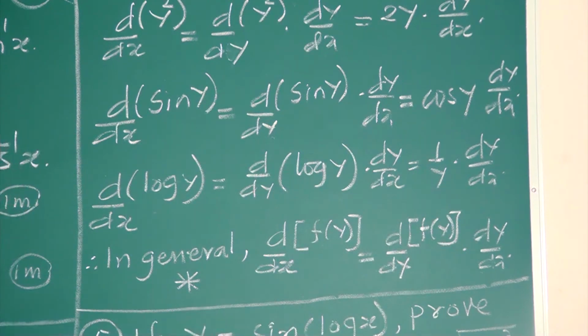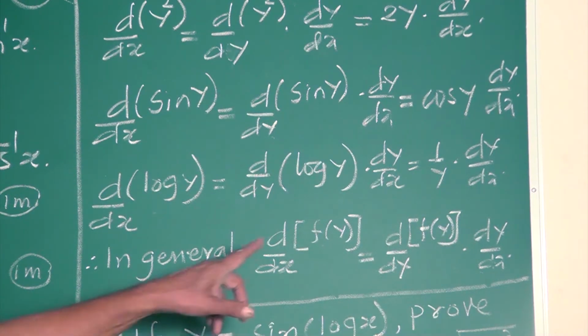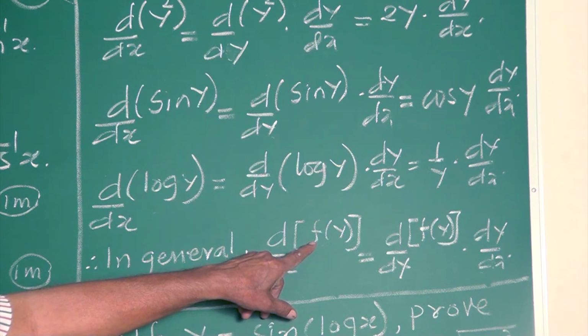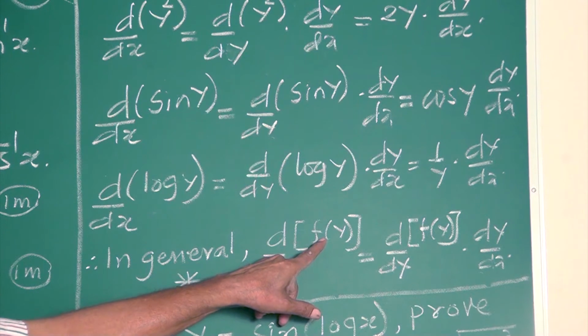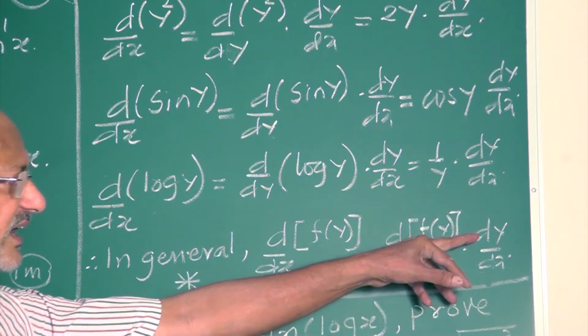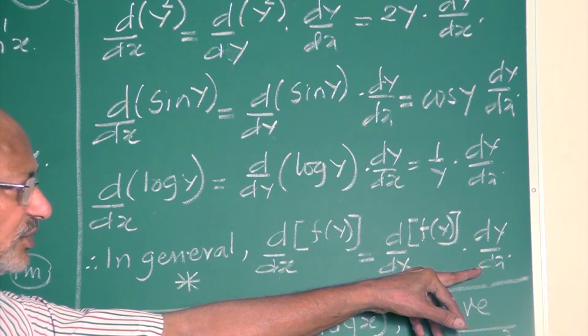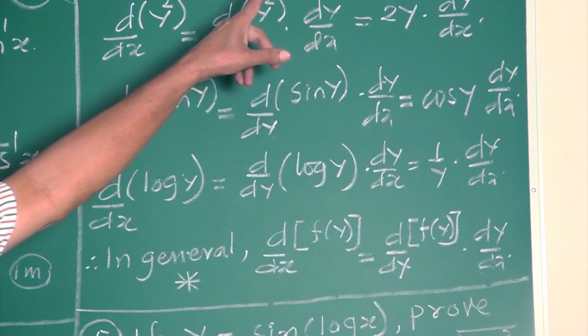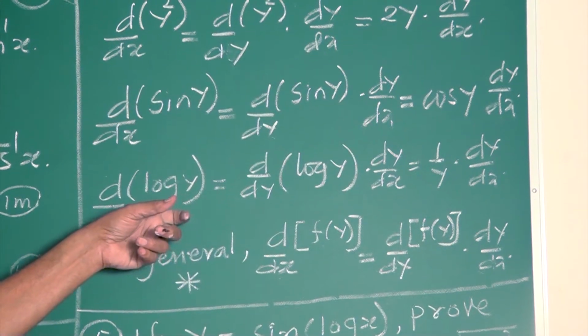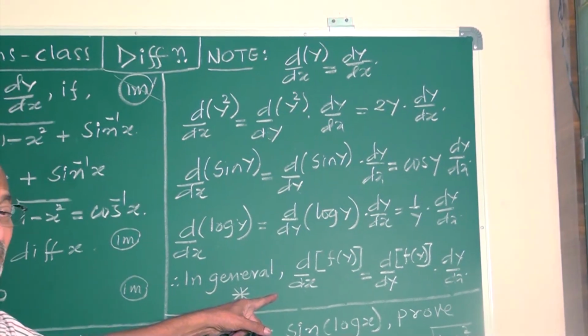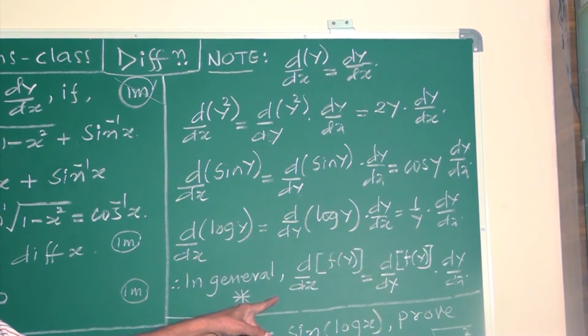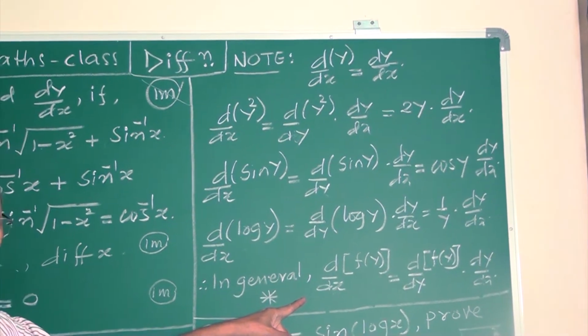Yes, in general, in differentiating any function of y with respect to x, first differentiate that function of y with respect to y, then the derivative of y with respect to x is dy by dx. My friends, remember, this is a very important step. Then I do some examples based on this. We even use this while differentiating implicit functions.